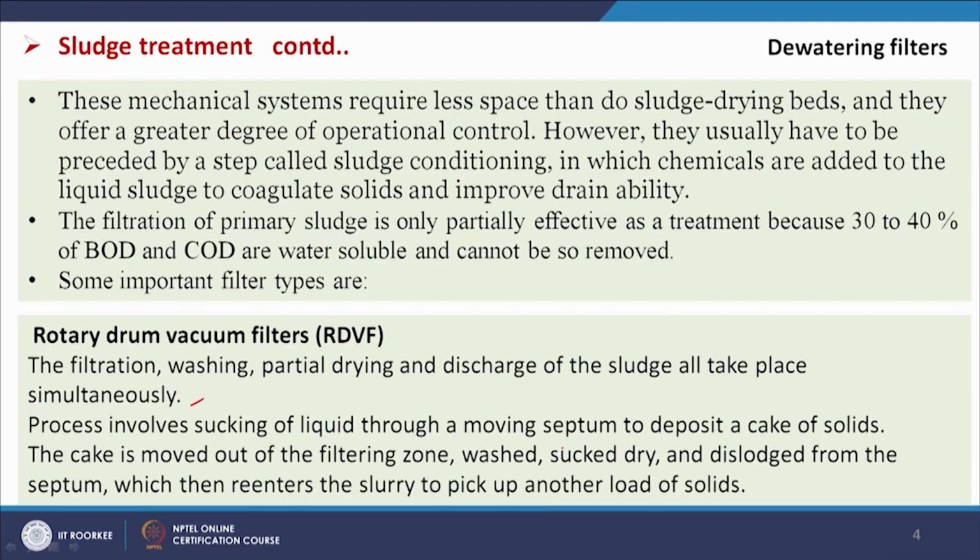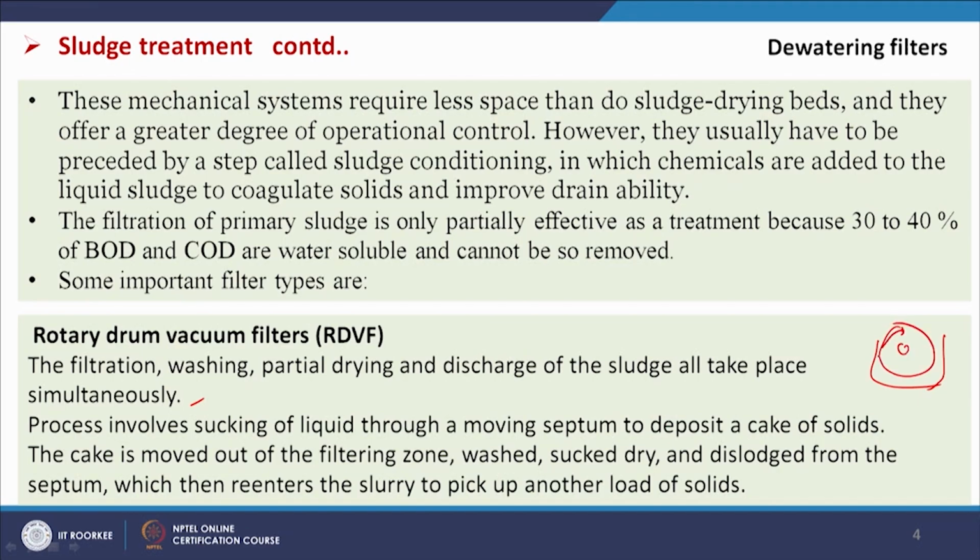The process involves sucking of liquid through a moving septum to deposit a cake of solids. The cake is moved out of the filtering zone, washed, sucked dry and dislodged from the septum, which then re-enters the slurry to pick up another load of solids.